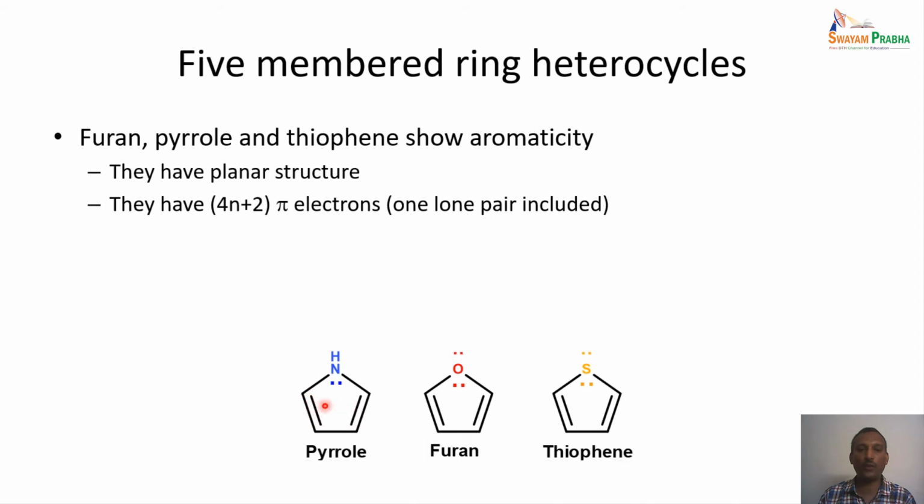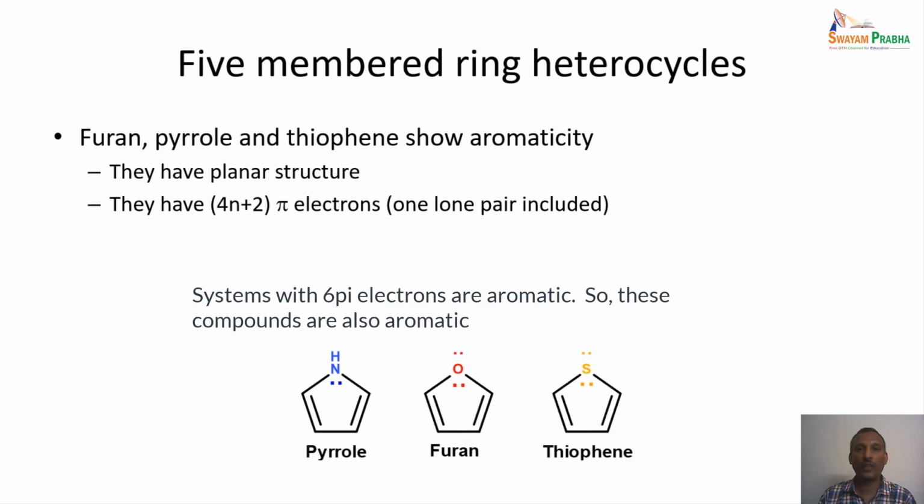These two contribute 4 pi electrons, and one lone pair from the heteroatom, either oxygen, sulfur or nitrogen, is donated. So 2 more electrons are added to this entire system. So we have 2 plus 2 plus 2, total 6 pi electrons involved. So 6 pi electrons also is aromatic in nature.